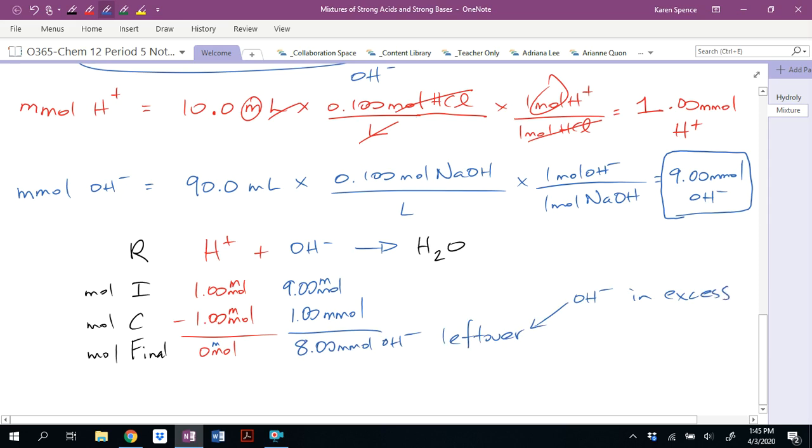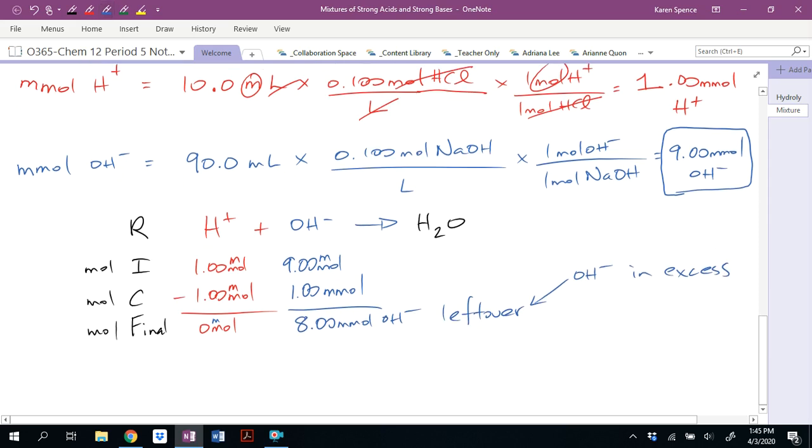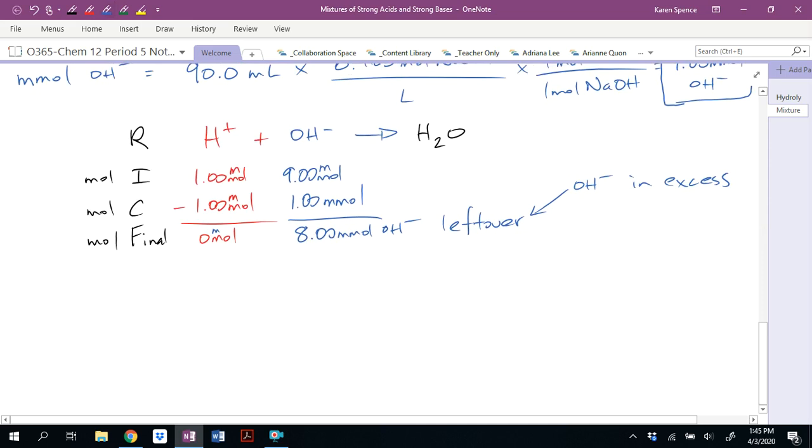So if we were just asked if this solution is acidic or basic, we would say yes, it is basic. But if we're actually asked for the pH, we need to go a step further. In order to find pH, there's a couple ways to do it. We could start from our concentration of hydroxide.